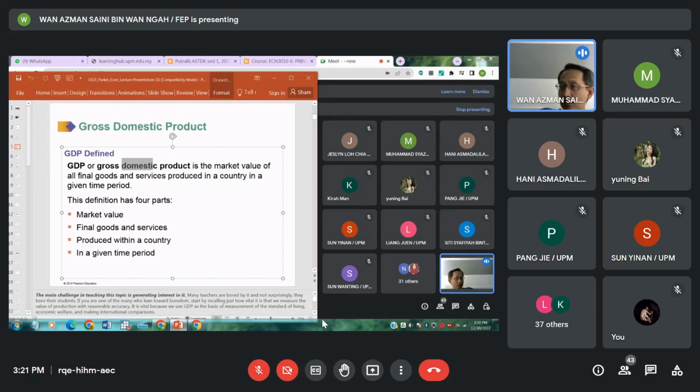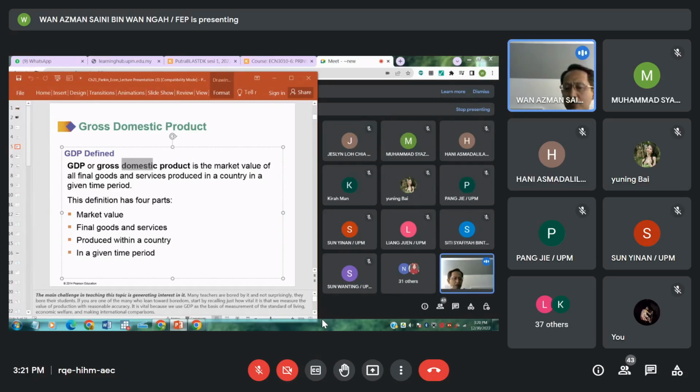But if your dad hires others to do all those things, and he pays them, then there is market value for that, and the value will be included in GDP. So that is the advantage and disadvantage of using market value.